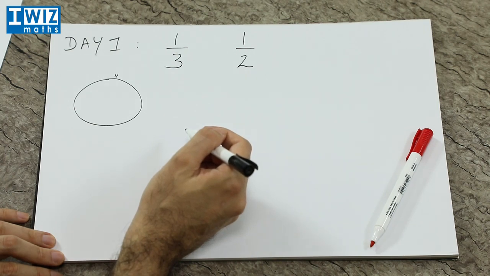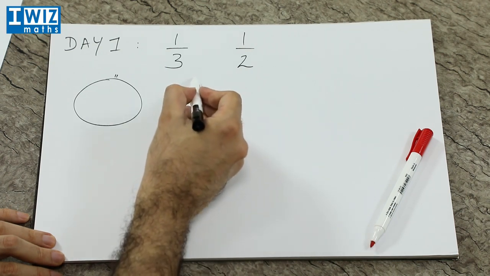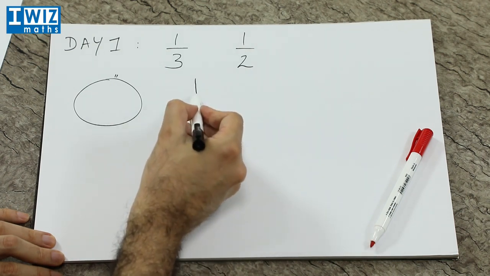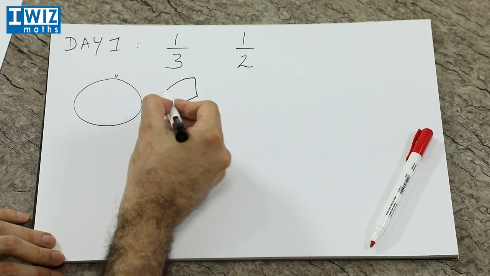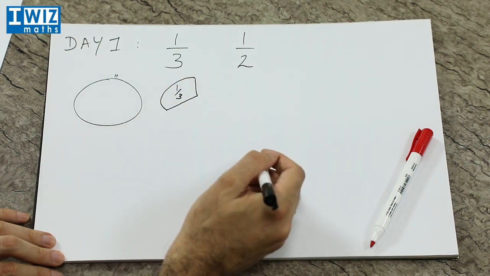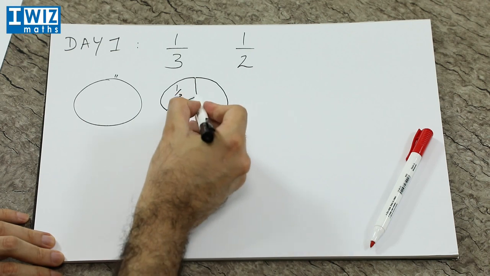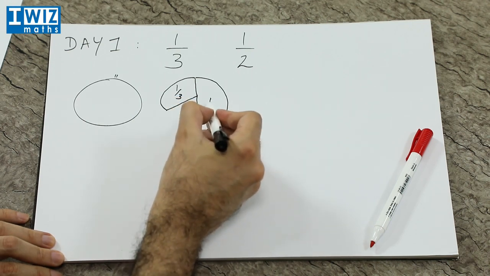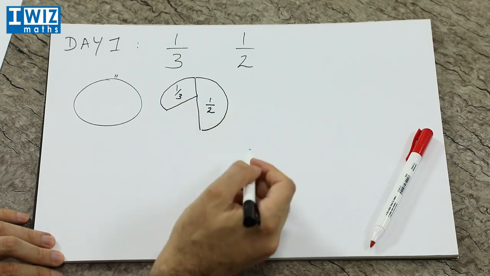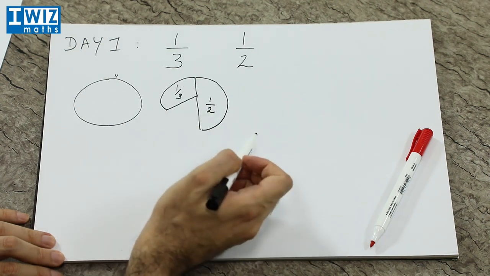Essentially what we've got is that before lunch, I've had 1/3 of the apple. So let's assume that that is approximately 1/3 of the apple. And then after lunch, I had 1/2 of the apple, so that is roughly 1/2. So before lunch, I had 1/3 of the apple, and after lunch, I had 1/2 of an apple.